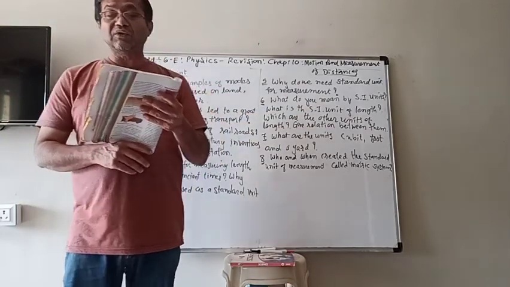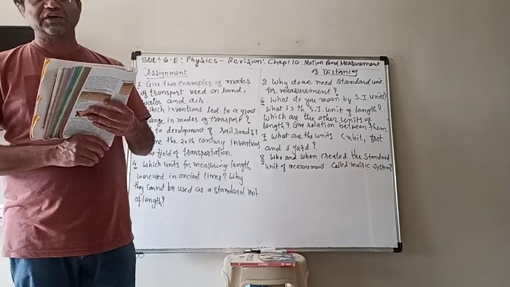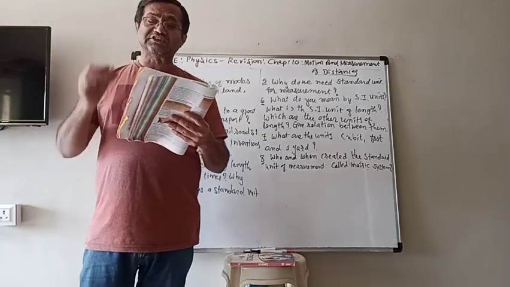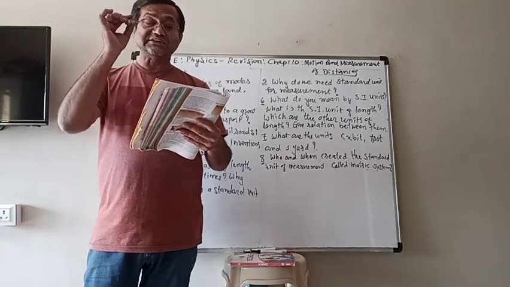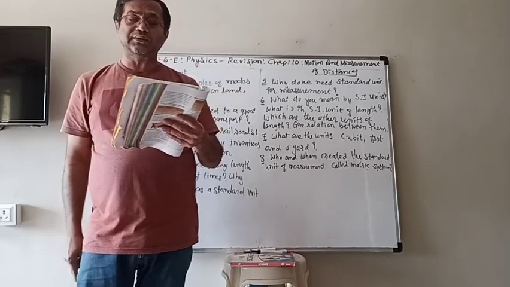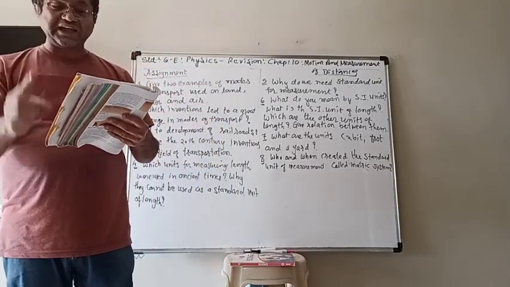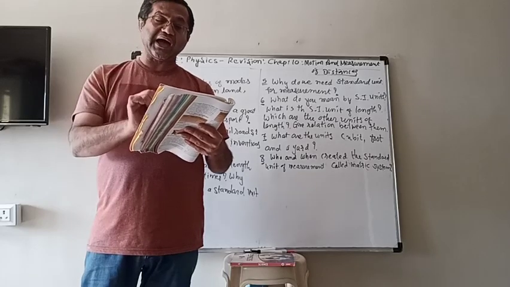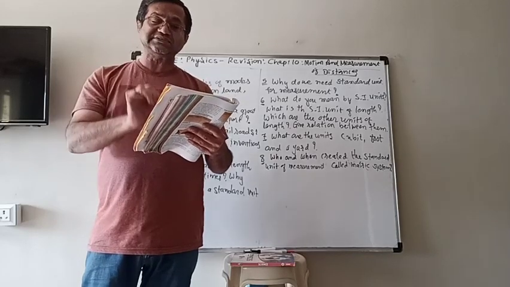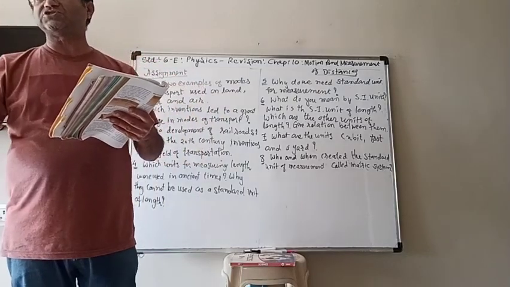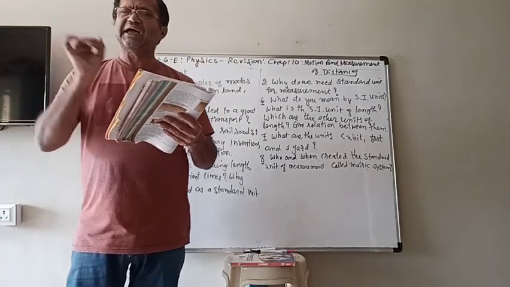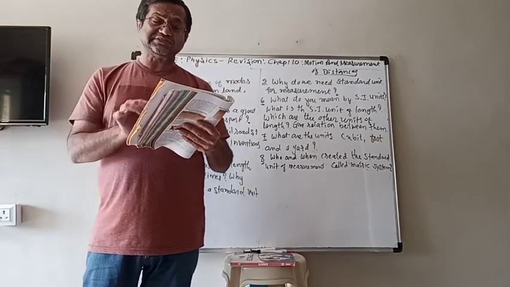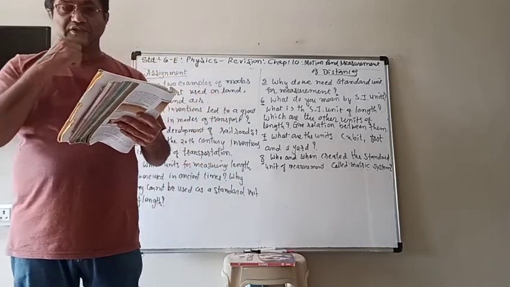So it was invented in 1790 in France. And for the sake of universality, scientists all over the world have accepted a set of standard units of measurement, which are known as SI units, the International System of Units.